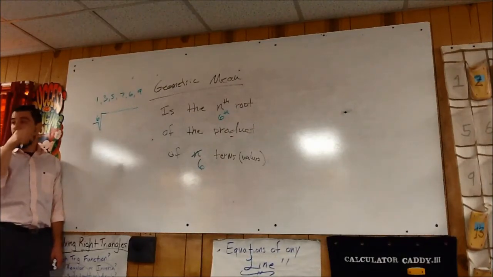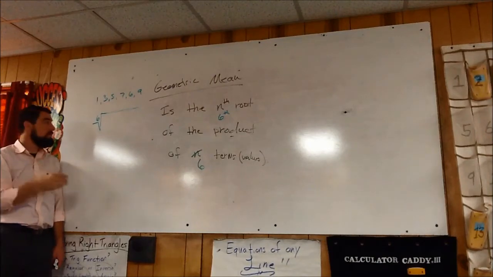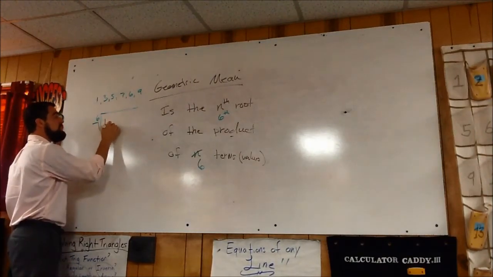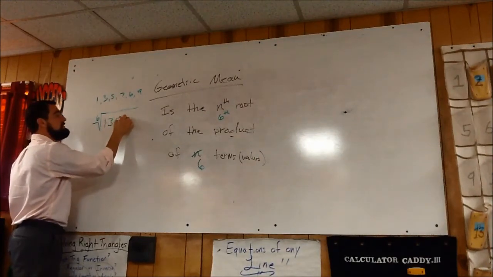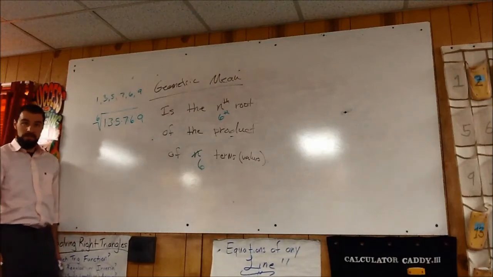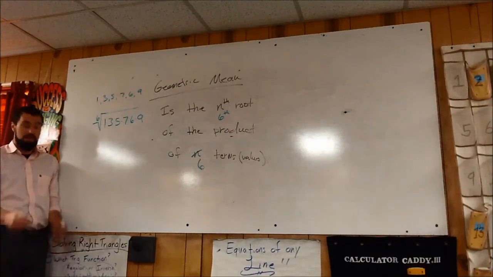Like a square root, the index is 2. Cube root, the index is 3. So the 6th root, because I have 6 terms, of this product, 1 times 3 times 5 times 7 times 6 times 9. And I would take the 6th root of that. That's what this geometric mean is talking about.